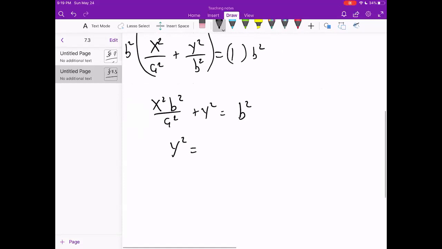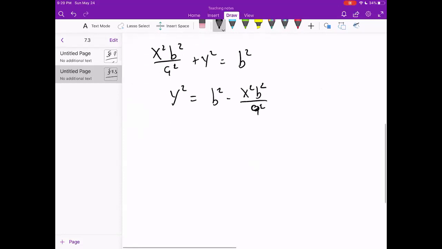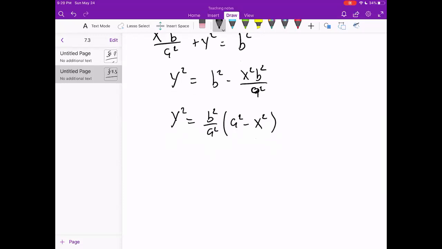Y squared is equal to b squared minus x squared b squared over a squared. So let's do this. We're going to factor out b squared over a squared. It's going to become a squared minus x squared here. You'll see why we do that in a minute. It's not completely necessary. It just makes the problem a little easier.